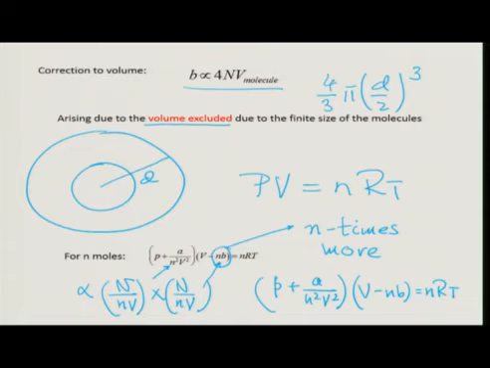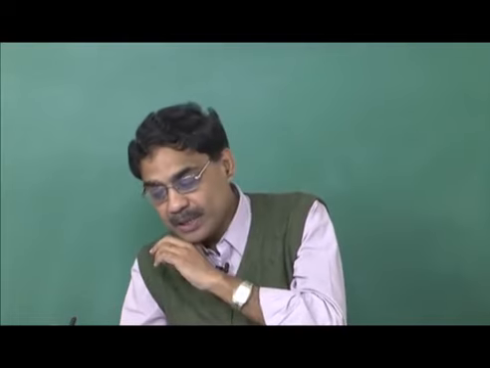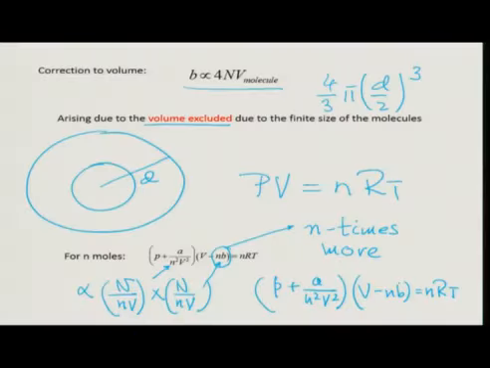In the limit A going to 0, that means when you are allowed to completely ignore the interaction, this attractive force, A equal to 0, when you can assume the point particle nature of the gas molecules, then you can ignore B, and when you set A equal to 0 equal to B, you retrieve your ideal gas equation.